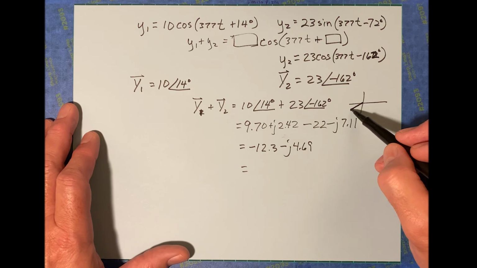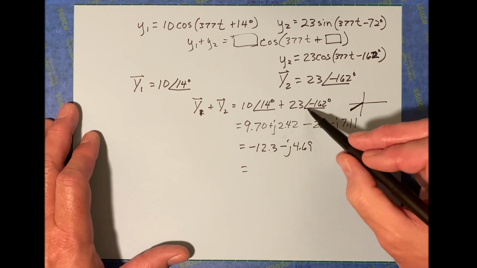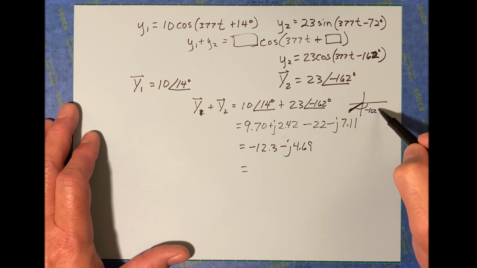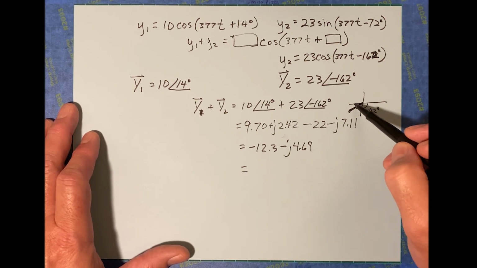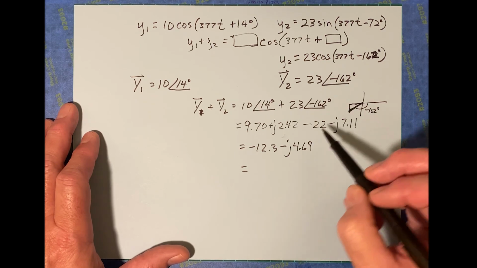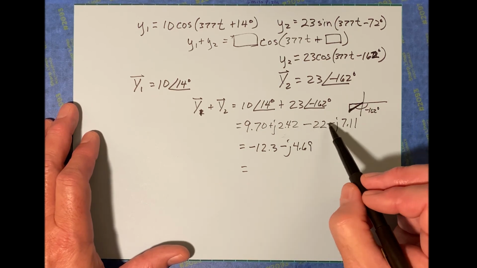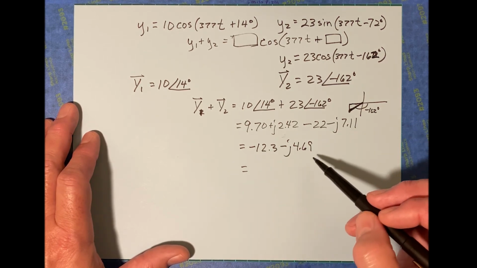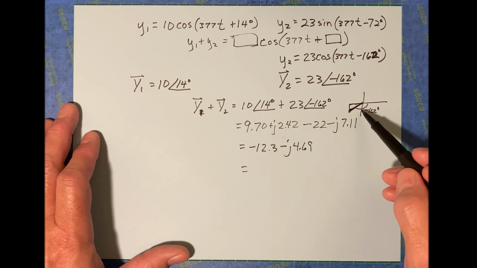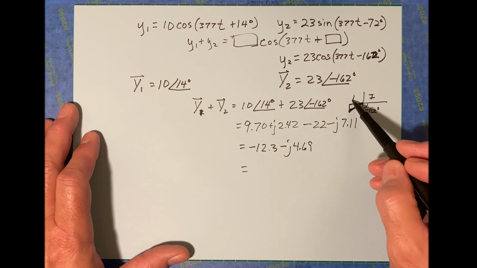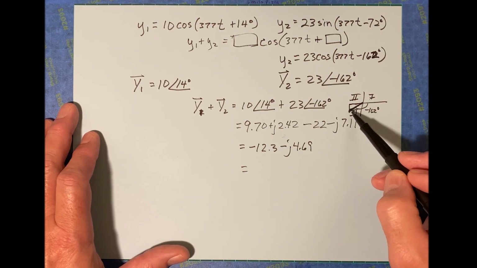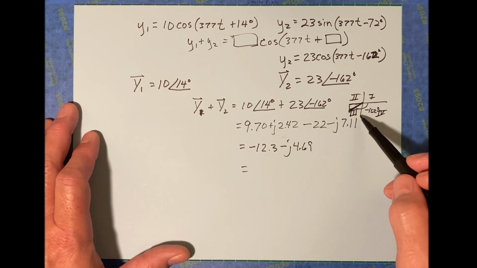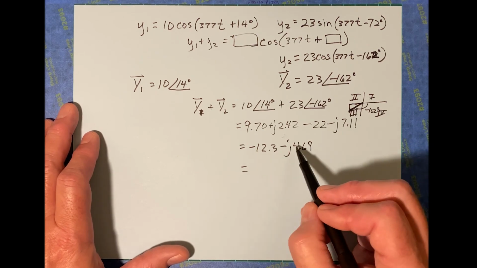So there's my r, that's the 23, minus 162 degrees, means that I'm going to have a negative x and a negative y, and that's why these are both negatives here. When I add them together, I also end up with negatives, so I should end up with an angle down here somewhere, if I call this quadrant 1, 2, 3, and then this is 4 here. It's going to end up over here in the third quadrant somewhere. All right, let's go ahead and go through the process.